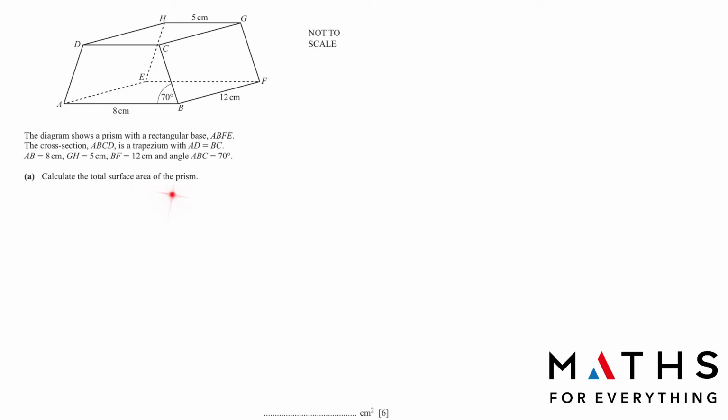We have to find the total surface area of the prism. The first thing you need to know is how many faces this prism has. If you count, you will see that it has 1, 2, 3, 4, 5, 6 faces. 2 on the top and bottom, 2 on the sides and the 2 trapeziums. Total 6 faces.